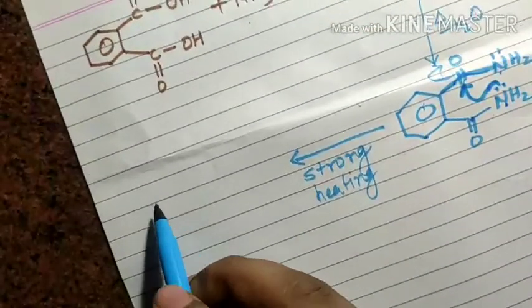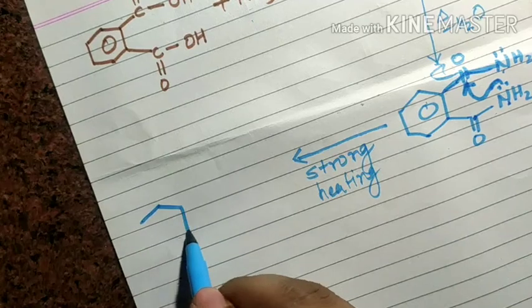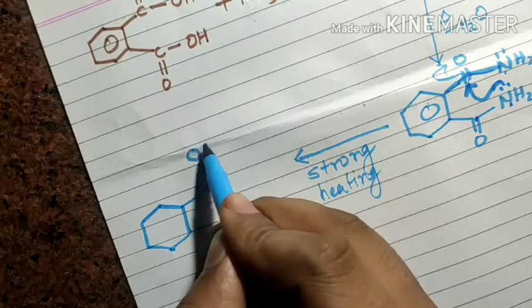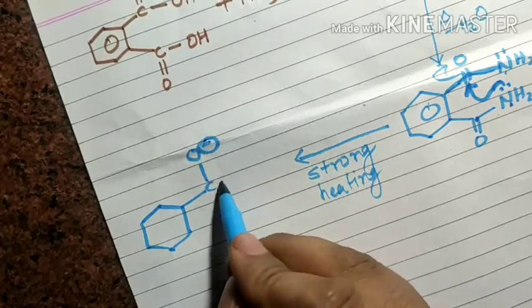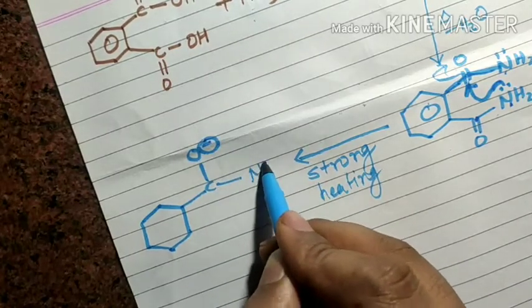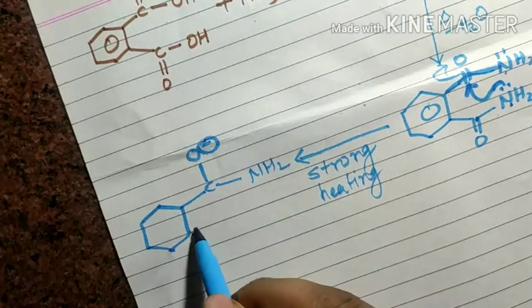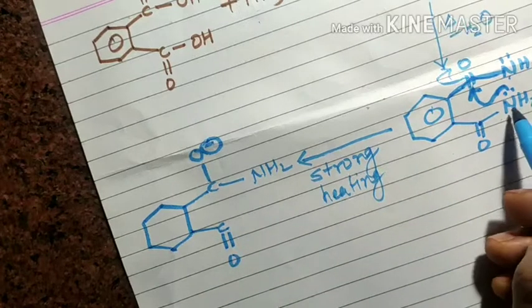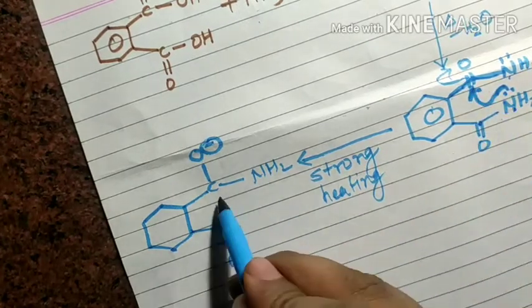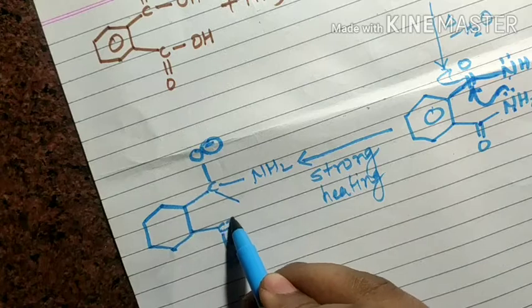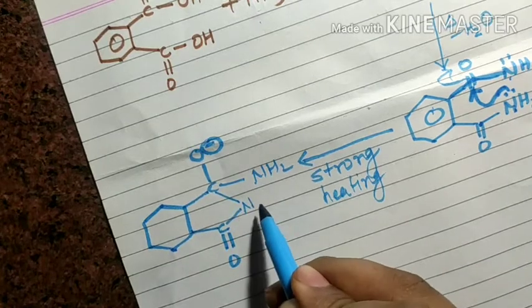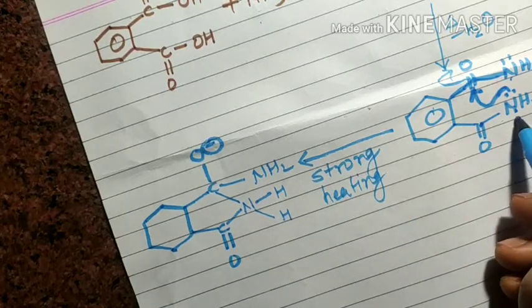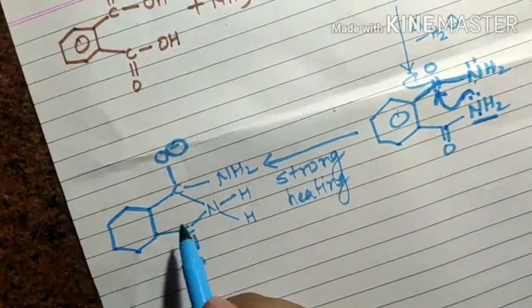So now the next step: C-O minus, NH2, C double bond O, and this NH2 joined with this carbonyl carbon, so it makes another bond with nitrogen here, and this nitrogen is joined with two hydrogens.